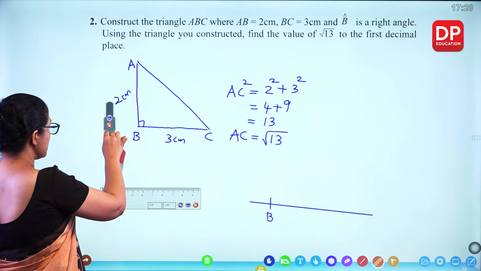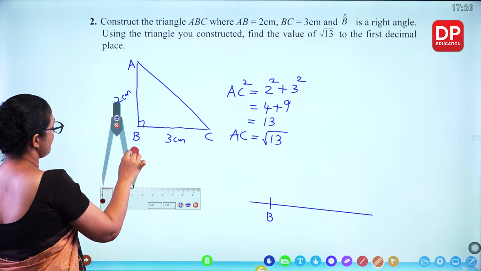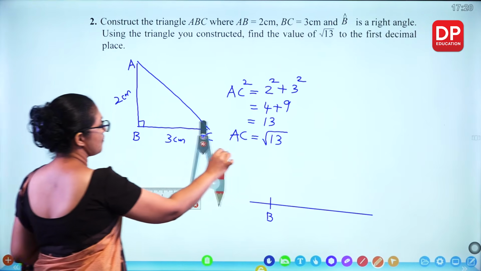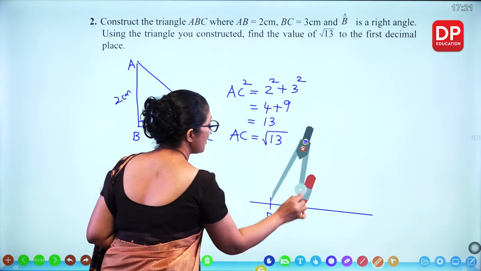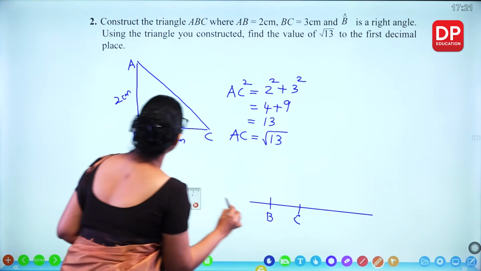Measure 3 centimeter length. Keep on top of this and mark the point C. That's C point.